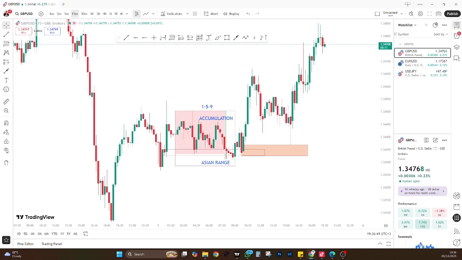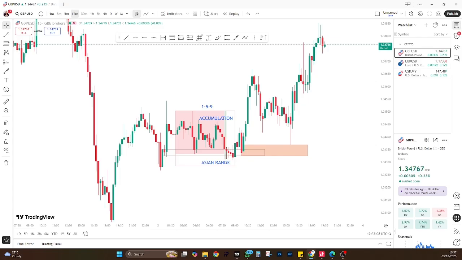The first thing. The second thing, between 11 a.m. and 1 p.m., that is the manipulation window. Where the market is going at that time is a manipulation.